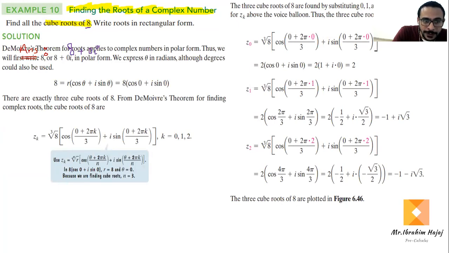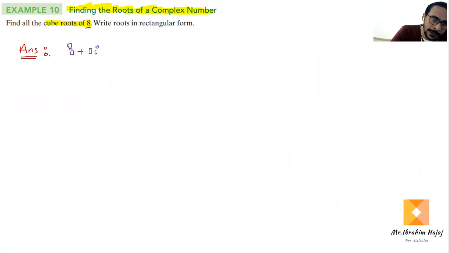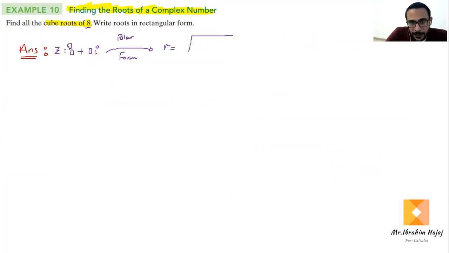So how to find this number? It is now a complex number, call it Z, but not in polar form. How to write it in polar form? You have to find r and you have to find the angle. Yes, Mr.